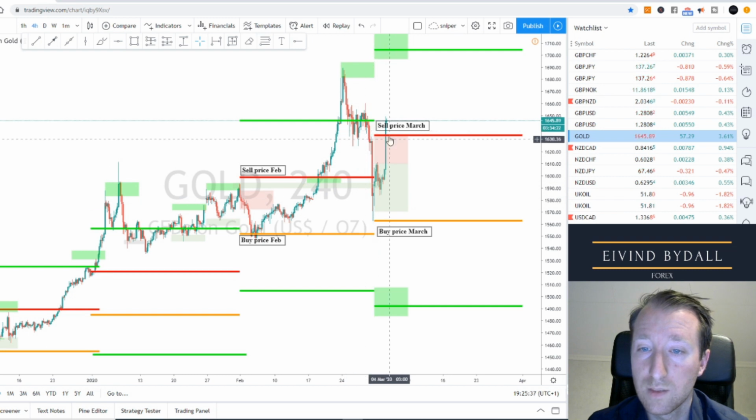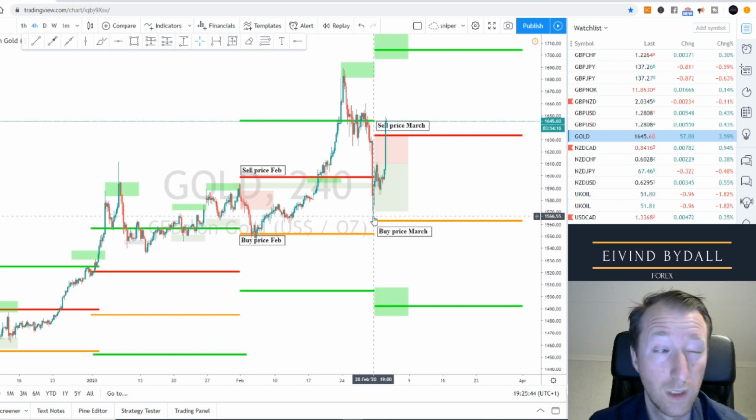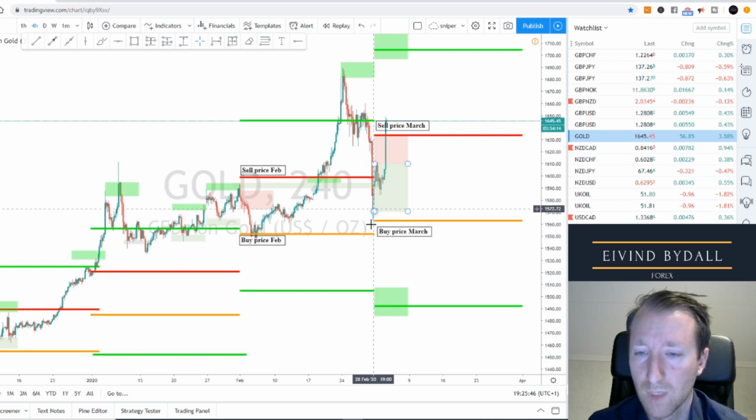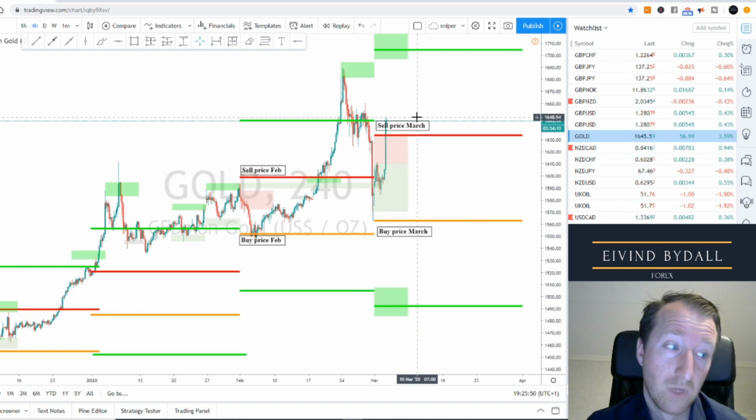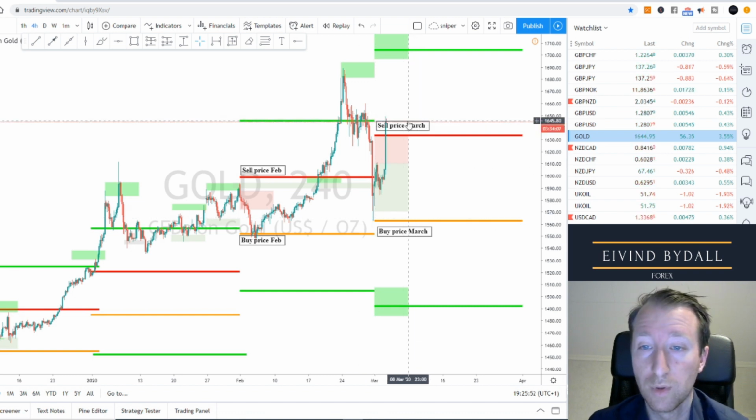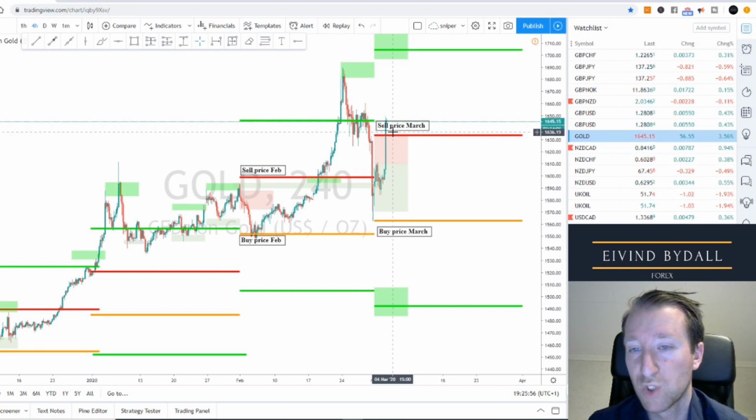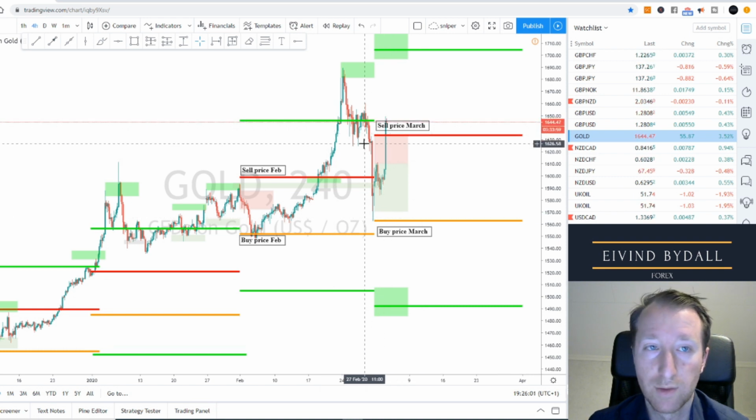Gold, this was the sell price. It's kicked off it right now, the first day, the first hour of the month of March. It kicked off the buy price and it's just gone higher. Good. That was the plan for bulls. Fine. For bears, maybe stop loss, maybe get out. Yeah, it's not bearish.